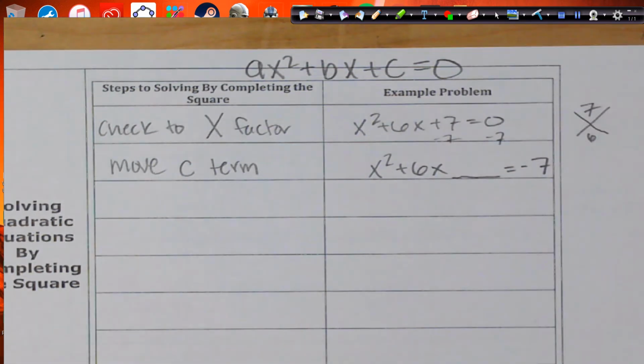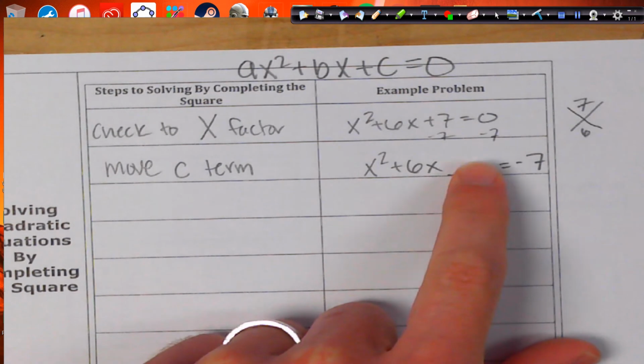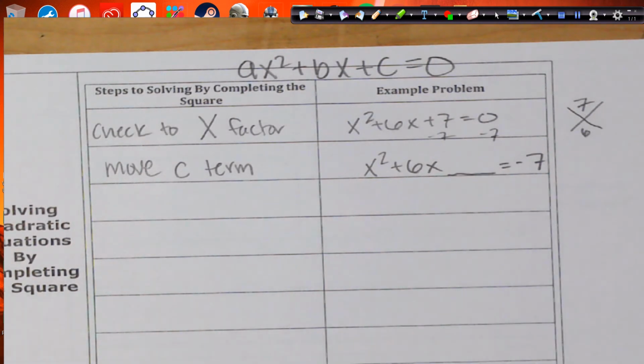Completing the square, what we're trying to do is get a perfect square trinomial. And the way you do that is you identify the term that would do that, and as long as you add it to this side and this side, your equation is going to stay balanced.